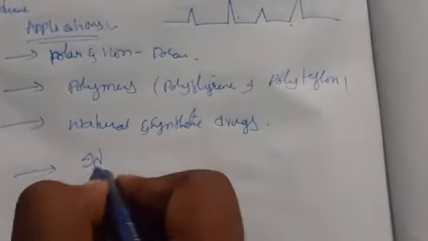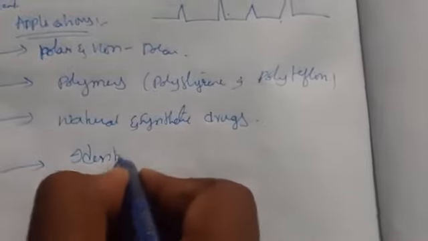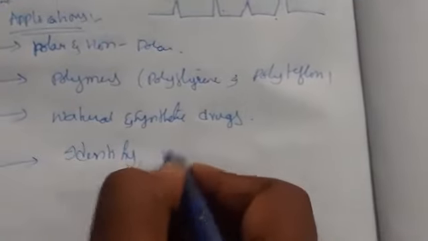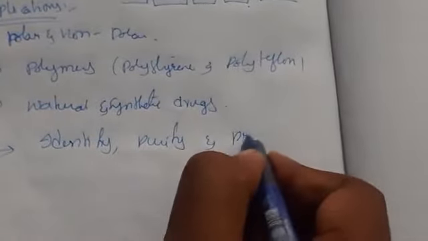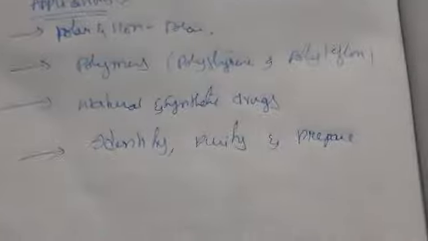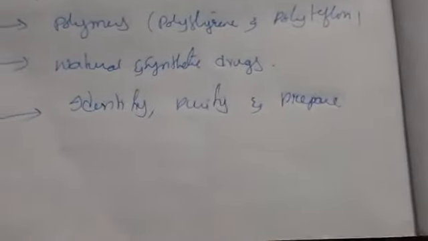This is a preparative method also. Why? Because it can identify the compound, it can purify the compound, and it can prepare the compound. So HPLC can identify, prepare, and also purify the compound.